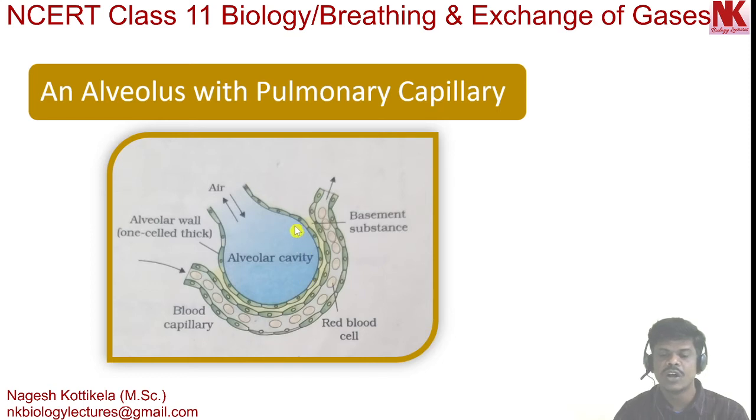Okay, so this is the squamous epithelium of alveolus and this is the basement substance between the squamous epithelium of alveolus and the endothelium of capillary. So this is the endothelium of capillary. So these are the three layers as we discussed here.